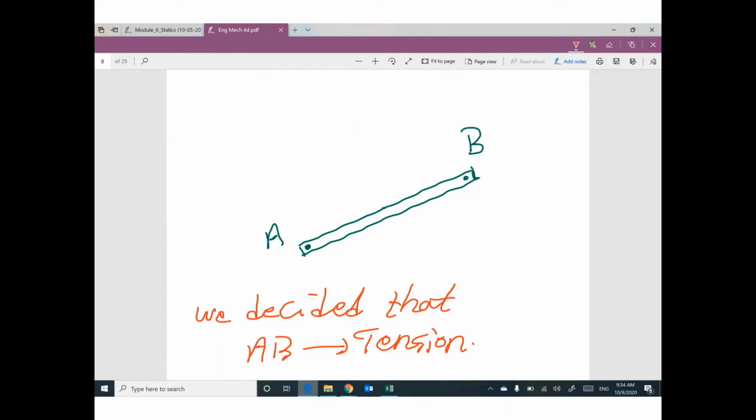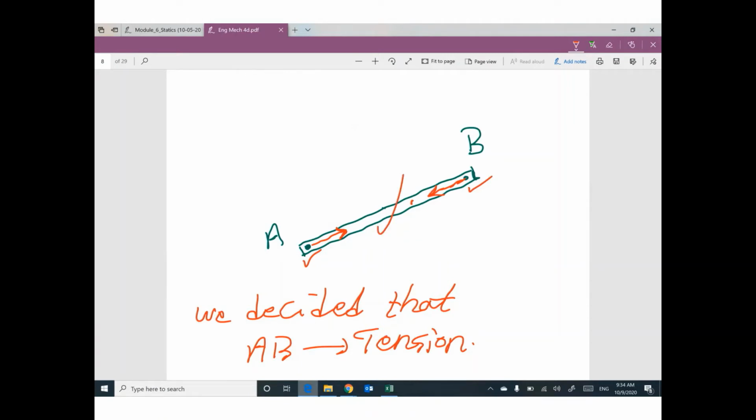It's only one member, so one member remains under tension forever. So this member is in tension related to this joint, and this member is in tension related to this joint, because you are talking about the same member. So your member is in tension.